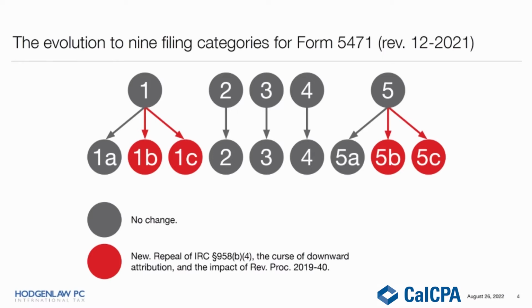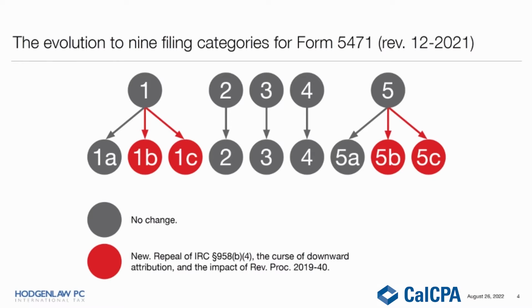And you can see that Category 1 and Category 5 are the only ones that change, and they split off into 3. So 1 became 3. In both cases, Category 1A and 5A, that's the old Category 1 or old Category 5.